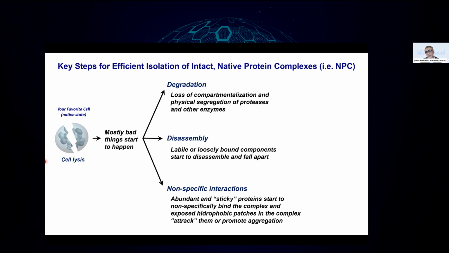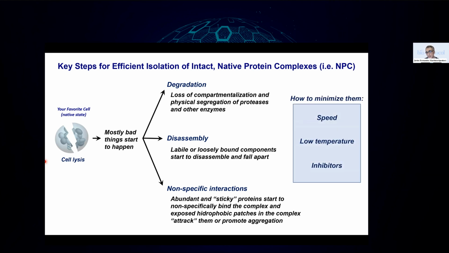So the best practice to prevent all these deleterious effects is basically three things. I mean, how to minimize this is to work really fast. So speed is important: how fast you perform your affinity purifications. Affinity purifications that run overnight, as I used to do many, many years ago, to be honest, are not great.